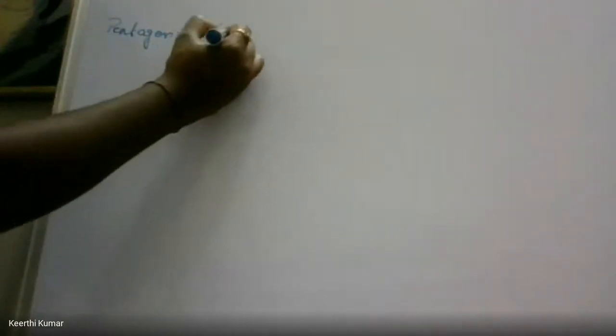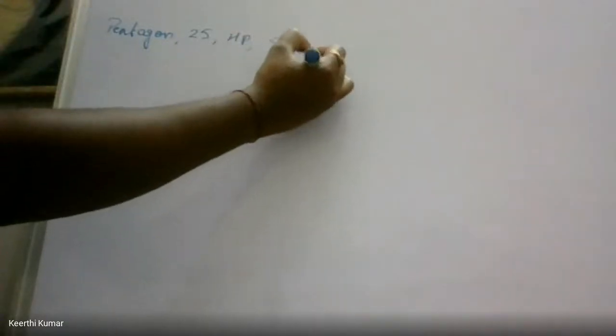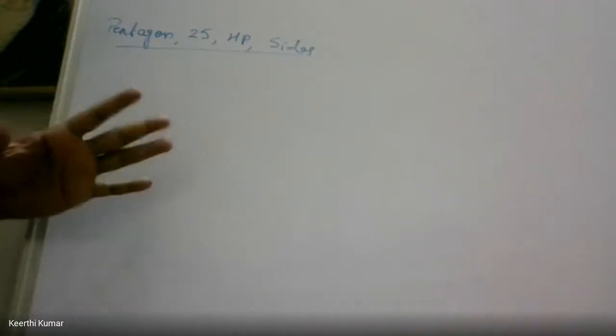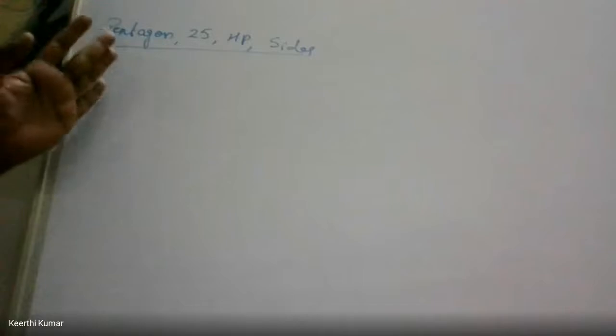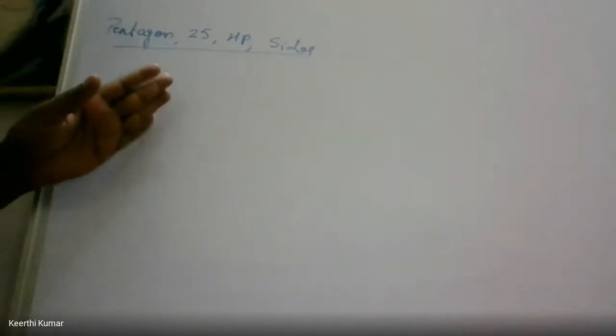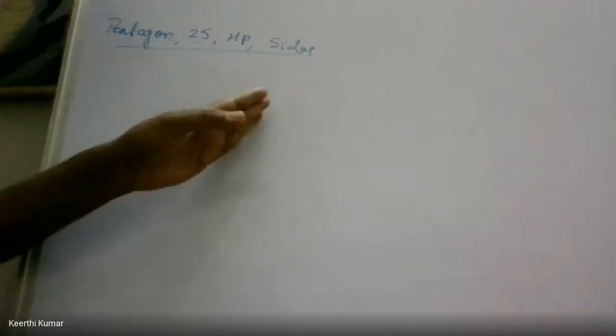The given lamina is pentagon, 25 mm, resting on HP on one of its sides. If you know these four conditions, definitely we can draw the first position. See here, this subject is so easy that all the data will be given in the question. Everything will be given. He is only expecting you to reproduce that sentence form into graphical form.